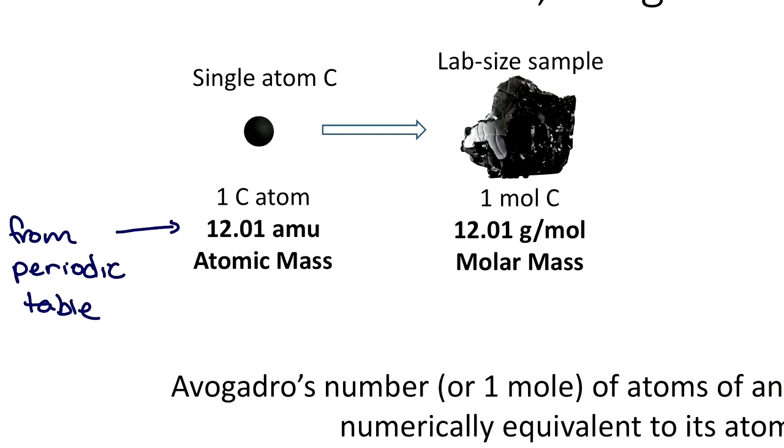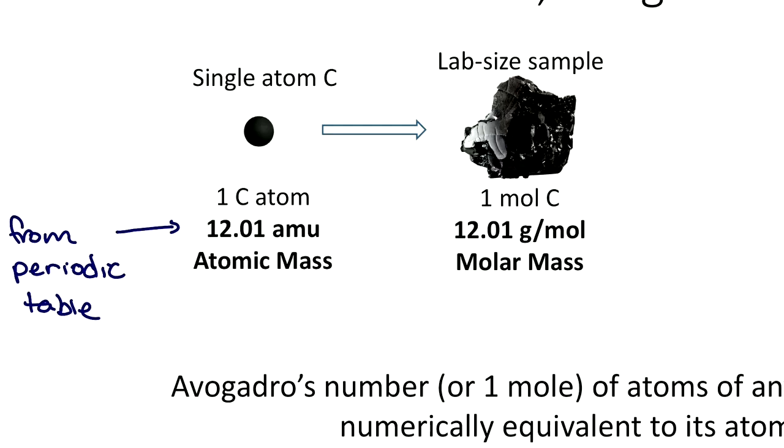So instead of talking about a single carbon atom, I can talk about a mole's worth of carbon atoms. 6.022 times 10 to the 23 carbon atoms weighs that same number, 12.011 grams instead. Can you visualize how much 12 grams weighs? Easier than 12 AMU, right?